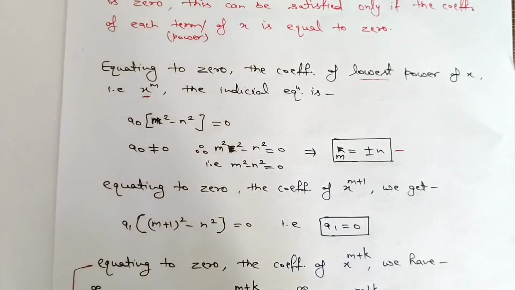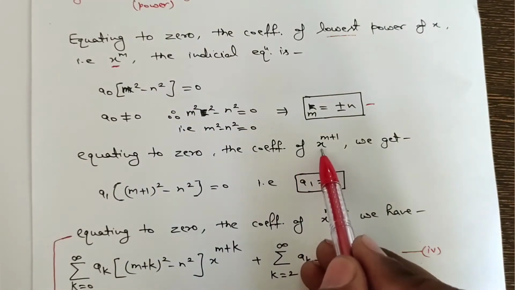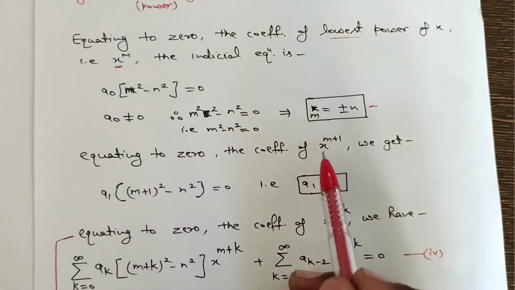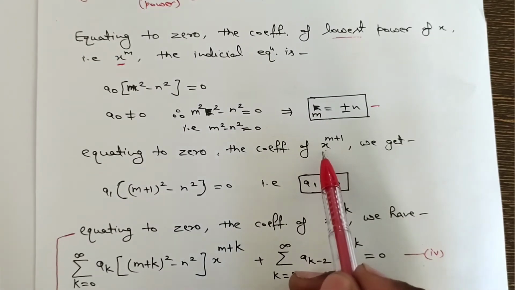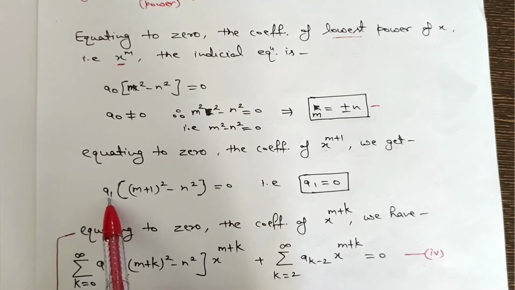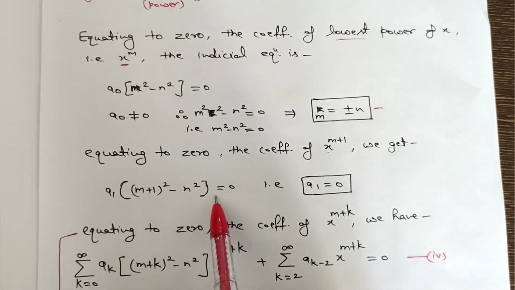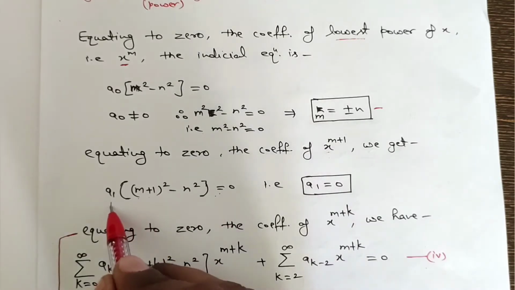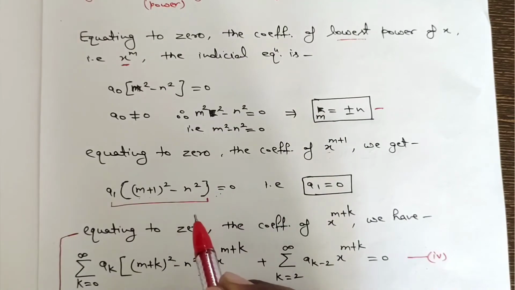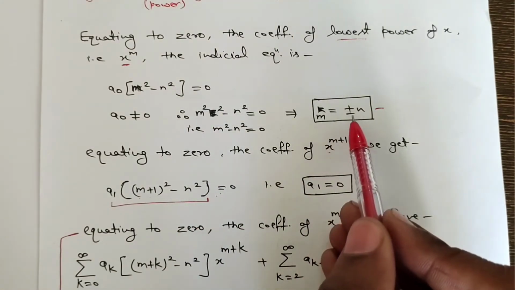In the next step we will equate the coefficient of x raised to power m plus 1. So the next power is x raised to power m plus 1, and on equating the coefficient of x raised to power m plus 1, the condition obtained is a1 times m plus 1 whole square minus n square equals to 0. So look at this condition, this entire term is equal to 0, and we had obtained the value of m as plus n or minus n.